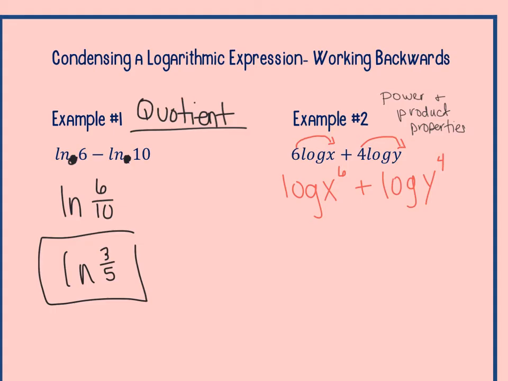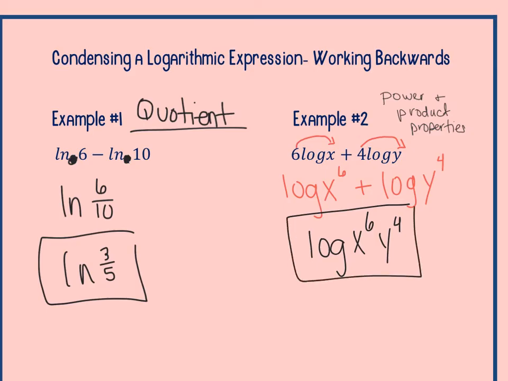Okay, so that was the power property. Product property says when I'm adding two logs together with the same base, of course, I'm actually multiplying them. And then that is my final answer since I can't go any further.